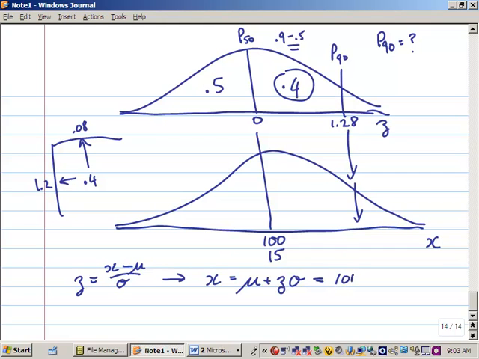The mean of this distribution is 100. The z value is 1.28 times the standard deviation of 15. The answer to that is 119.2 for an IQ. In actual fact, I've never heard of an IQ with a decimal place, but anyway, you get the idea.